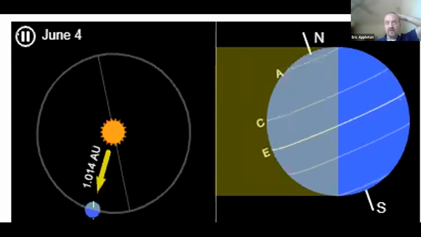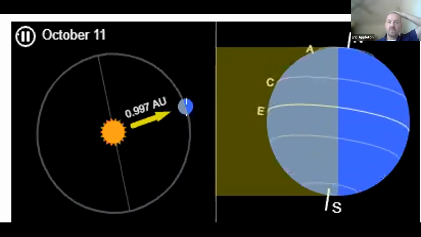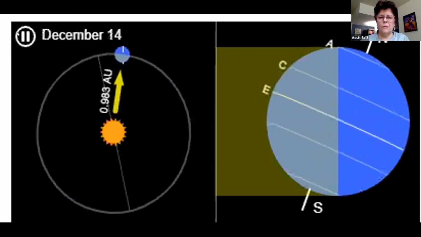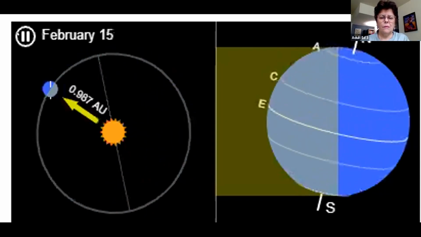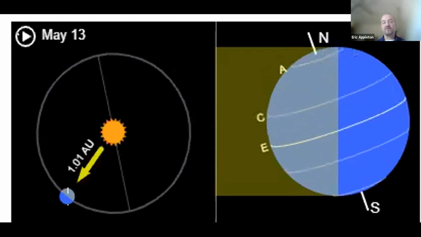Let's run it around again and then see if I can get a little closer. What's today? May 15th. Ooh, not bad. Okay. What do you notice?